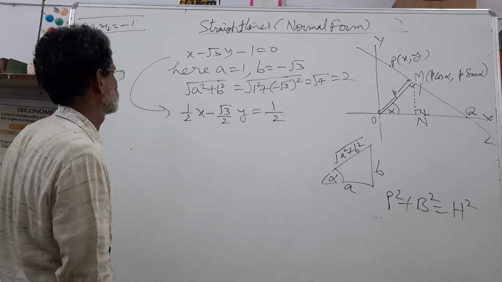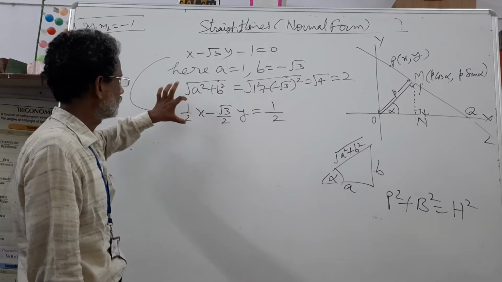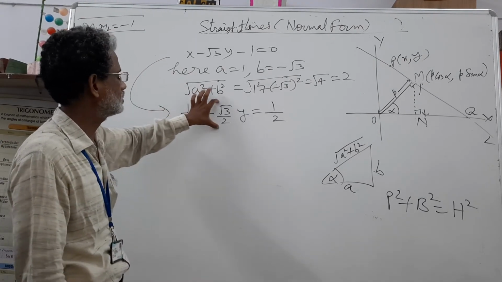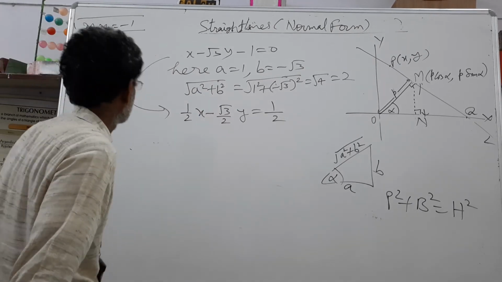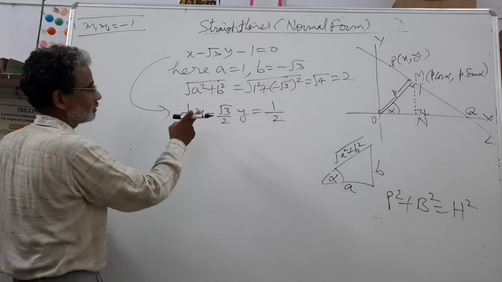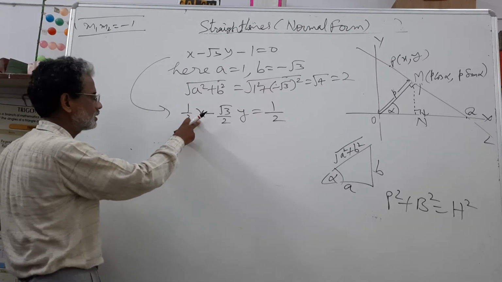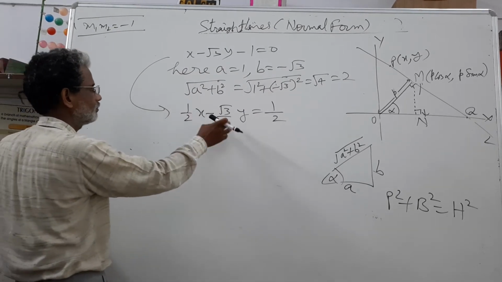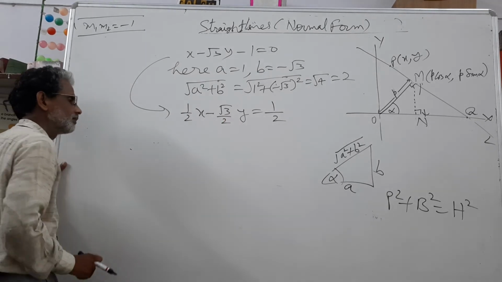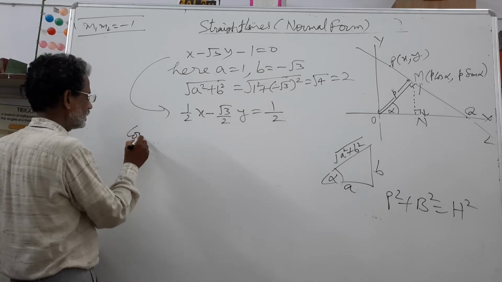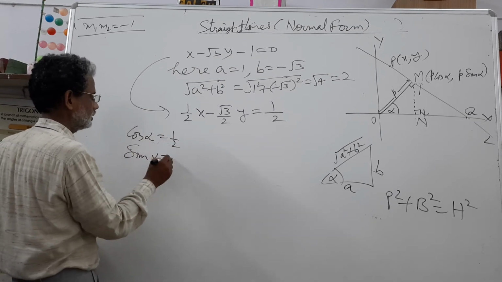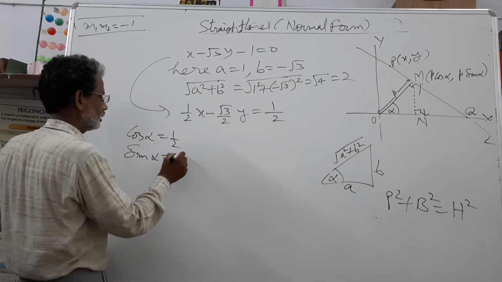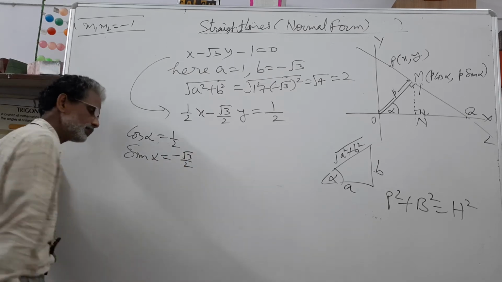Now this is positive, this is negative. Cos alpha is associated with x, sin alpha is associated with y. So cos alpha is equal to half, sin alpha is equal to minus root 3 by 2.